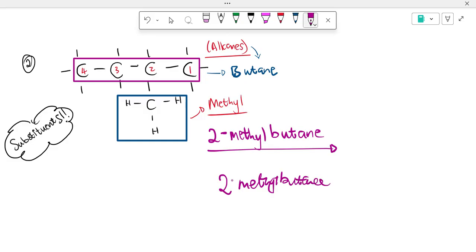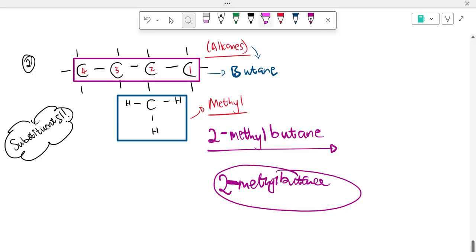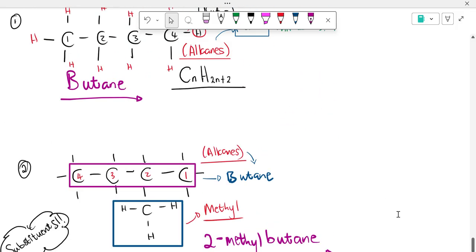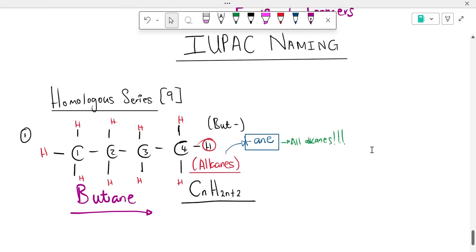This becomes completely wrong because you are missing a dash in between the number and the word. So please don't forget that, guys. It's very important. Okay, so that is the IUPAC name of this compound.